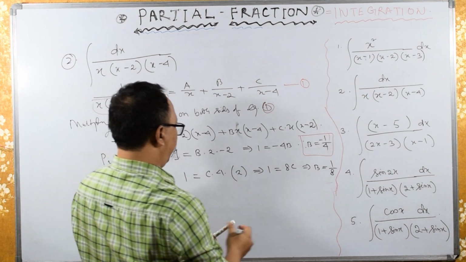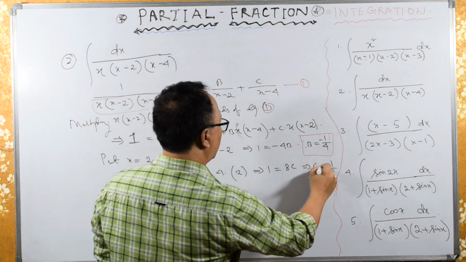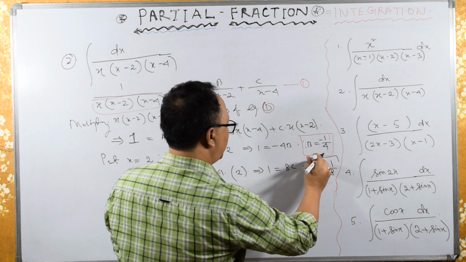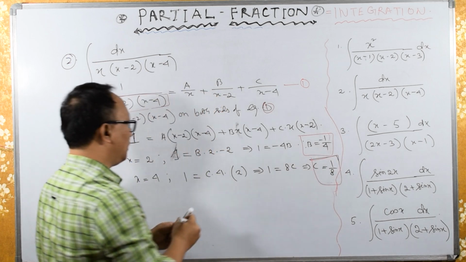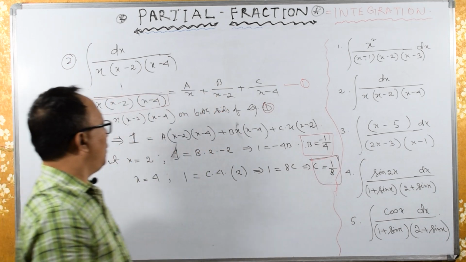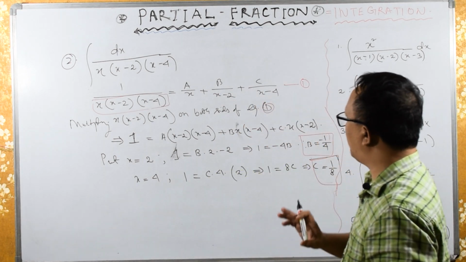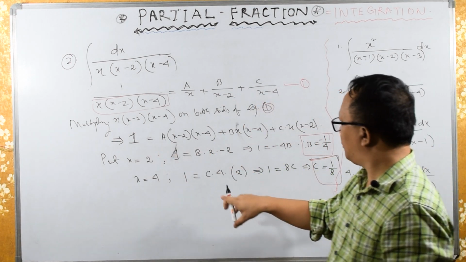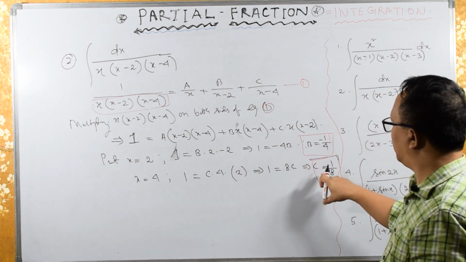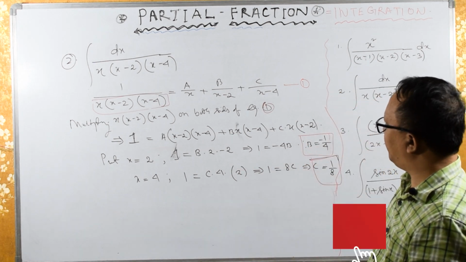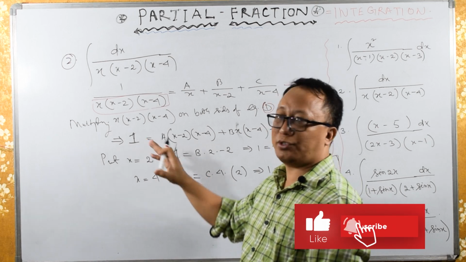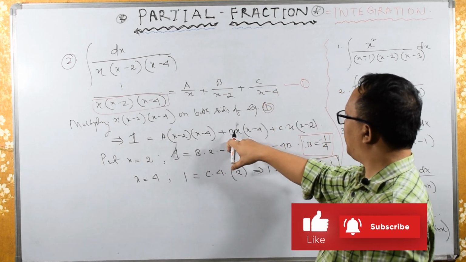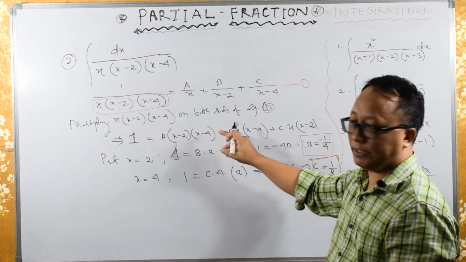So you have b, and you have c. This is your c. Now I want to get the value of a. I already have the values of b and c. If I substitute x equals 0, this term and this term will get 0, because 0 into anything is 0.